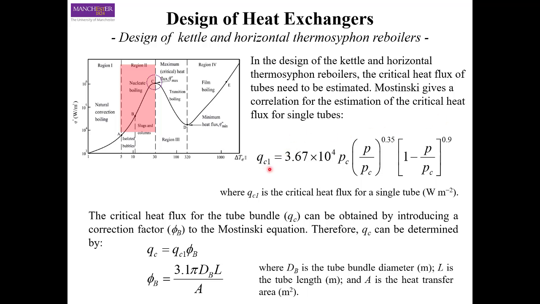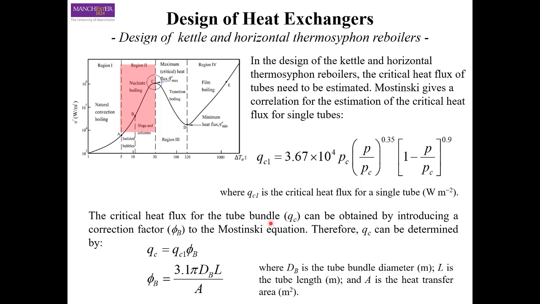And here QC1 is the critical heat flux of the single tube. And again, it depends on the operating pressure of the system and the critical pressure, just like what we explained in the previous equation. And this equation gives you critical heat flux for one tube, but you might be designing a kettle boiler where you are using a tube bundle, and it means that you have to correct the critical heat flux for the whole tube bundle.